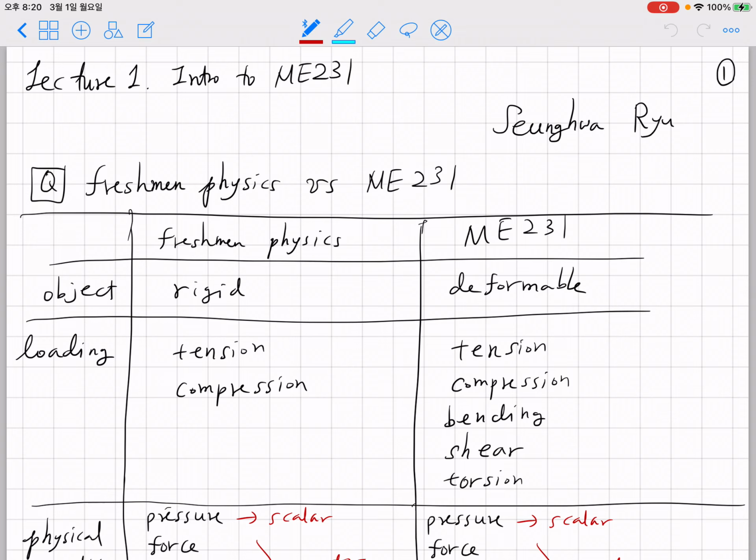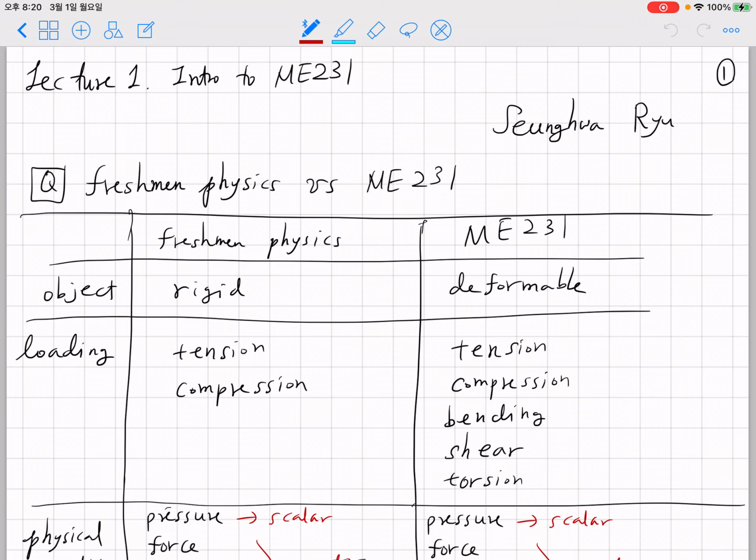Probably most of you are sophomores who declared mechanical engineering as your major, and I'd love to offer a lecture that can meet your expectations.